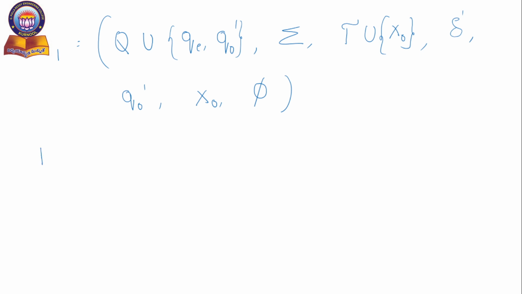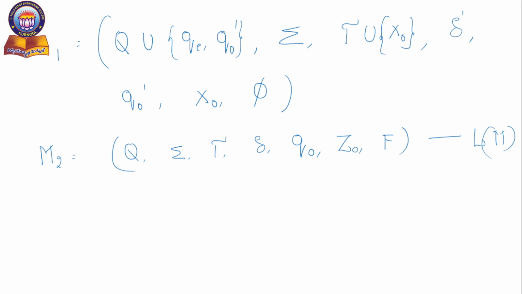I will write the M2 description also here for your recollection. M2 is equal to Q, sigma, tau, delta, Q naught, Z naught, F. This is the given PDA accepting as L of M.